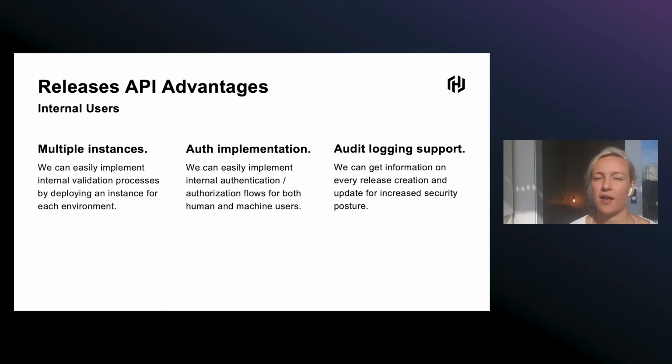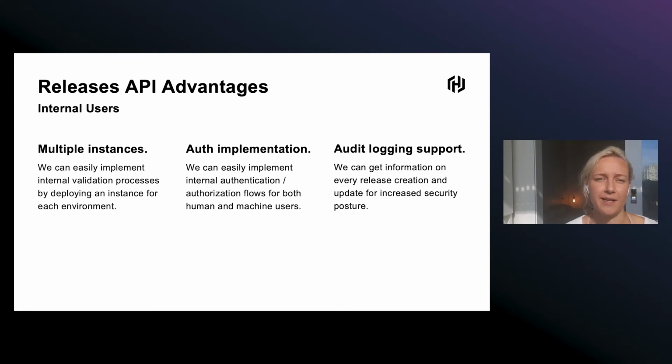So if we have a releases API, we can run a different service, a different instance, for each environment. So we can have a staging environment wherein releases are validated and they might never be published, right? We can put nightly builds on this.